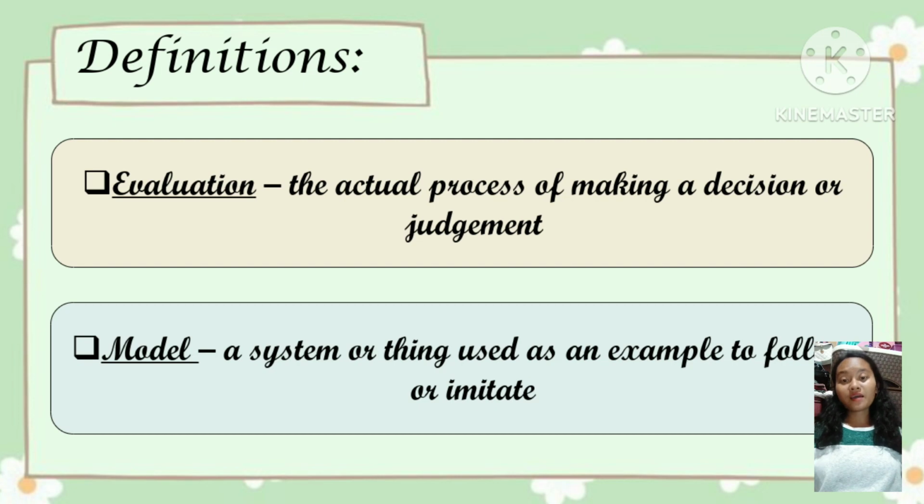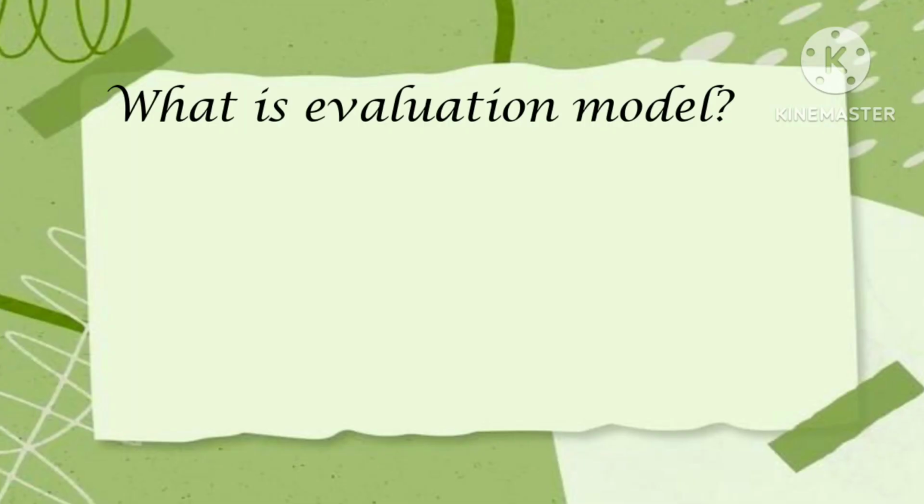And when we say model, it is a system or thing used as an example to follow or imitate. A model is also an informative representation of a person, an object, or a system.